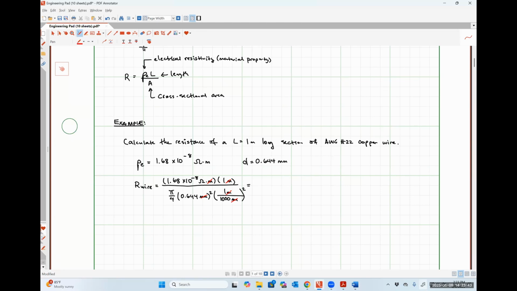So if I type this into my calculator correctly, and I believe I did just based on the number I got, I wound up getting a resistance of 0.05158 ohms. I'm going to call that approximately 50 milliohms. Okay.